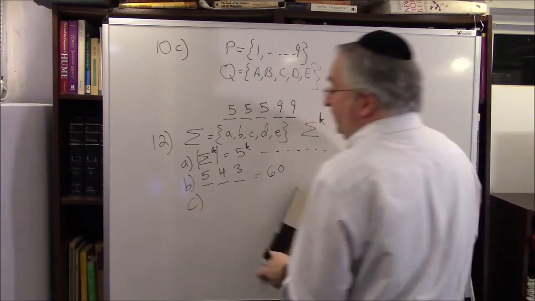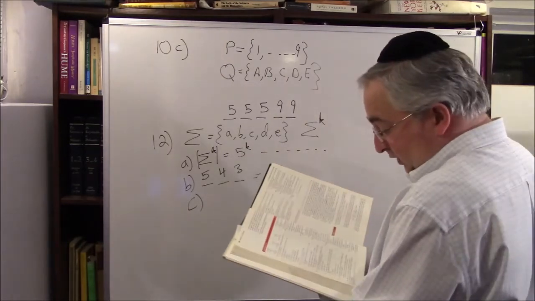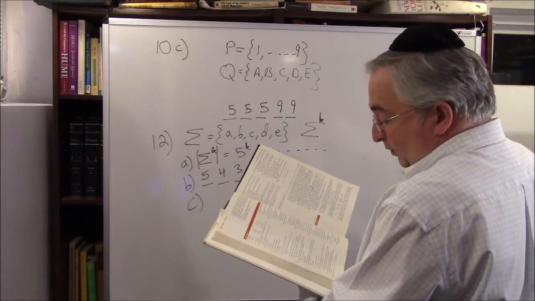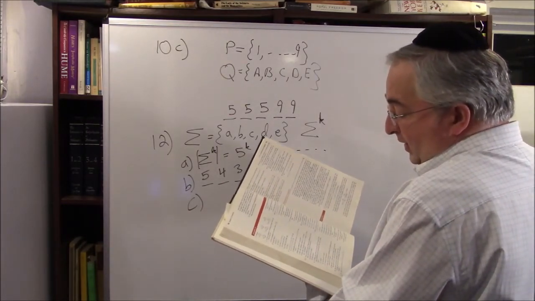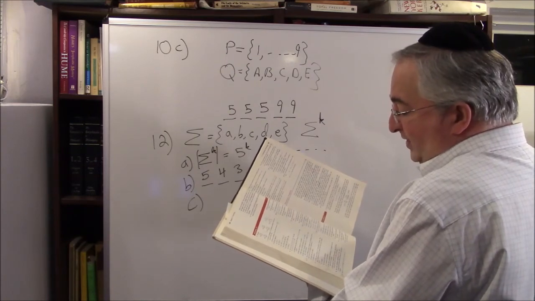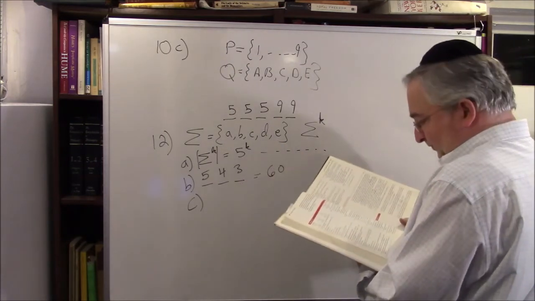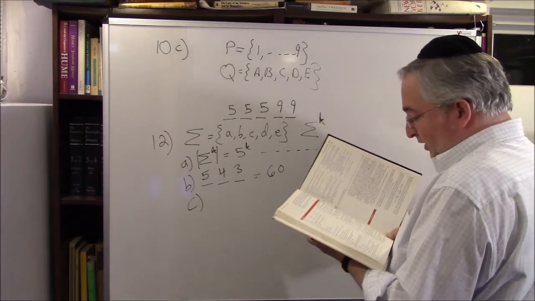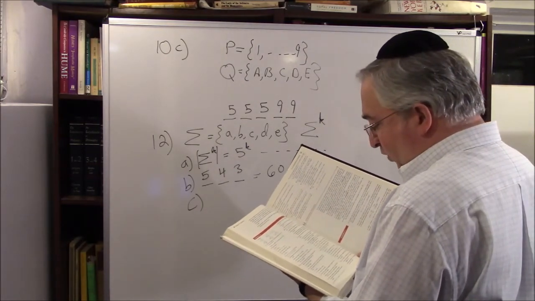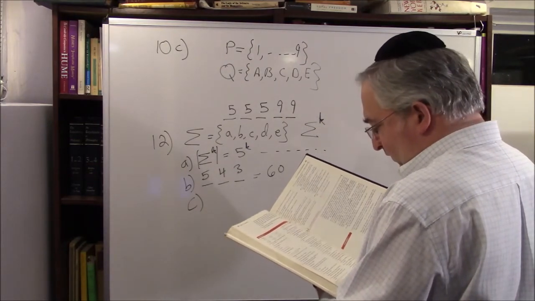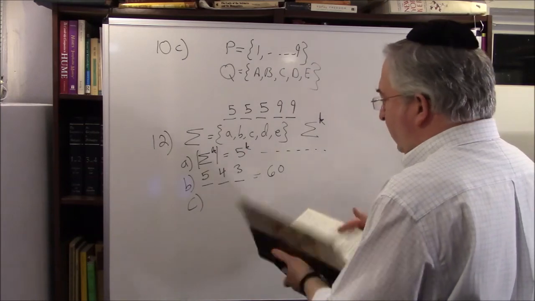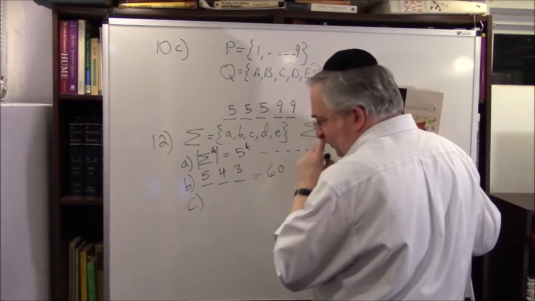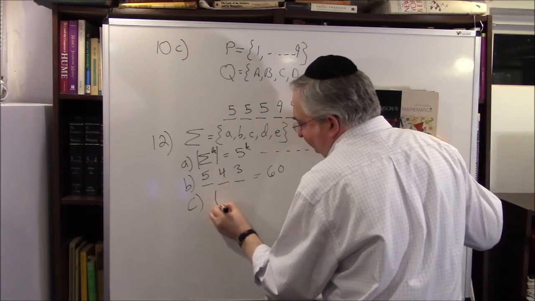Number C. The letter C occurs in W exactly once. Okay, so the idea is as follows.